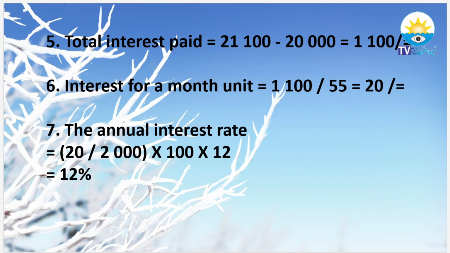After forming the fraction, you have to multiply that by 100, because you have to find the rate of interest. And to convert to the annual rate, you have to multiply that answer by 12. Finally, you can obtain your answer. In this question, you can obtain 12% as the annual interest rate.